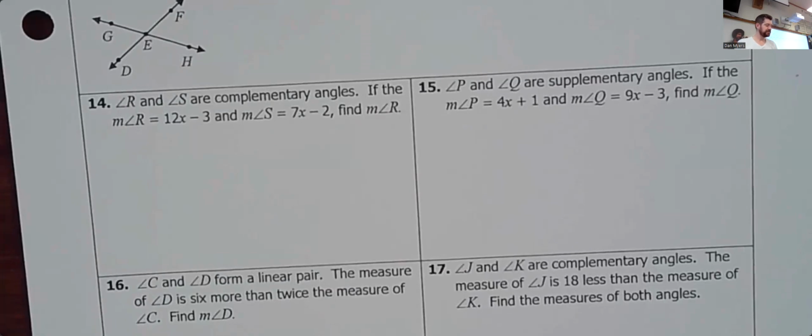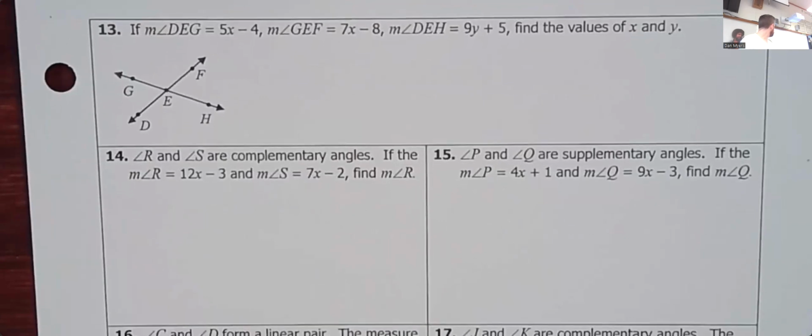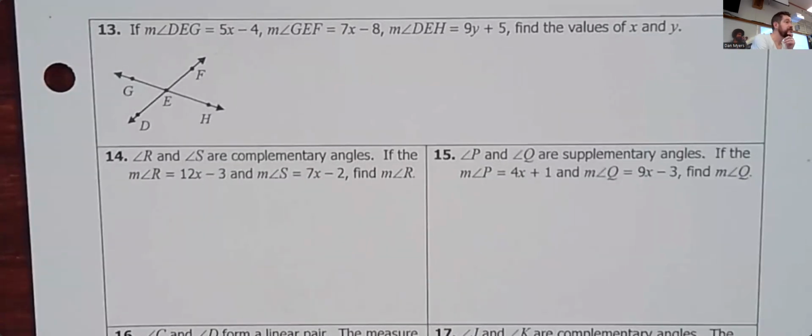There's a little bit more difference in terms of how these ones set up. There's a big difference between 13 and the 3 that we just looked at. What is that big difference? What's the major difference between 13 and the other ones we've seen so far?